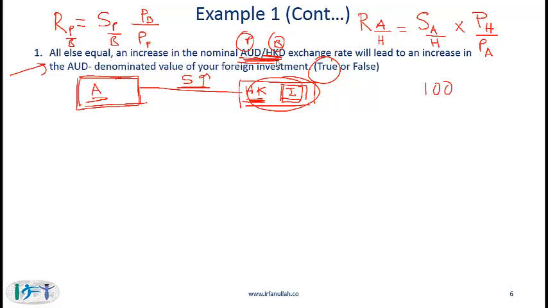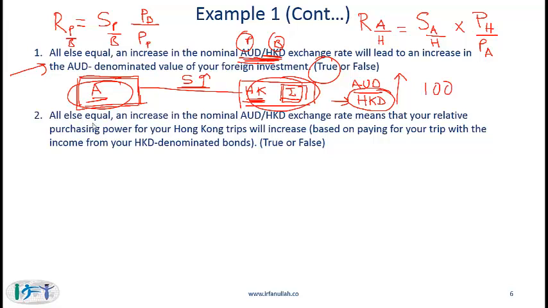If the Hong Kong dollar is stronger, then in Australian dollar terms, the investor is better off. Key point to remember again is that when you have an exchange rate quoted like this, Australian dollar over Hong Kong dollar, the base currency is the Hong Kong dollar. If this exchange rate goes up, that means that the base currency is strengthening.